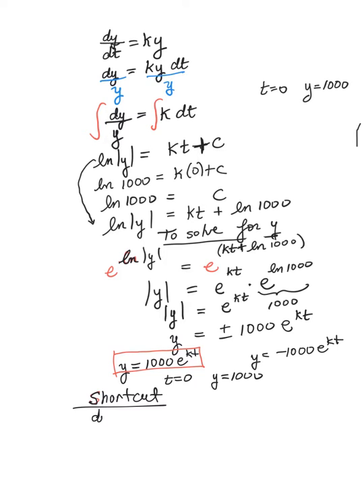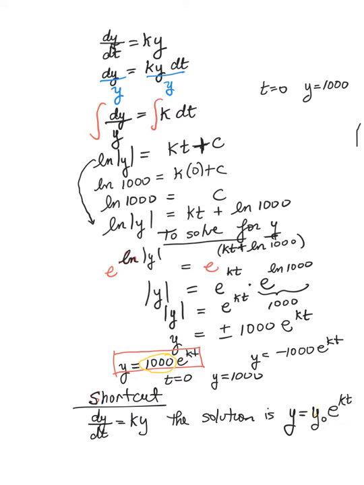When we have the differential equation dy dt equals ky, and it must be of this form, then the solution is y equals, now if we go back to what we've circled here, the 1,000 was the amount, the quantity present at time 0. We call this the initial quantity, and I'll rewrite that as y sub 0, times e to the kt.